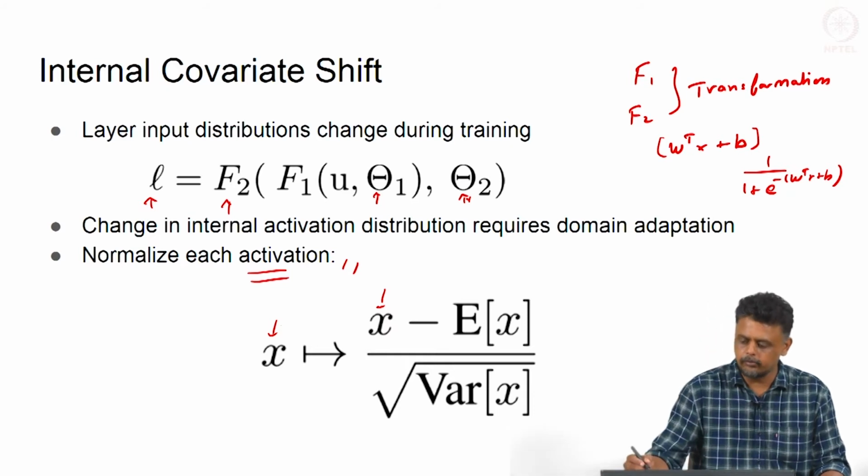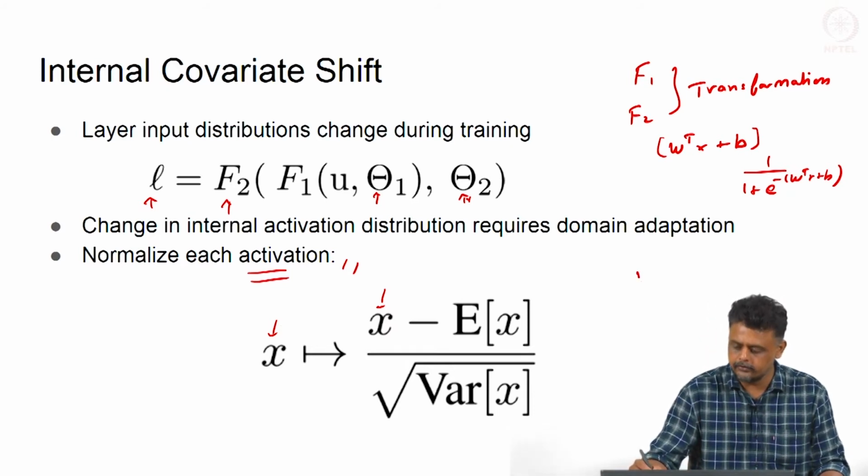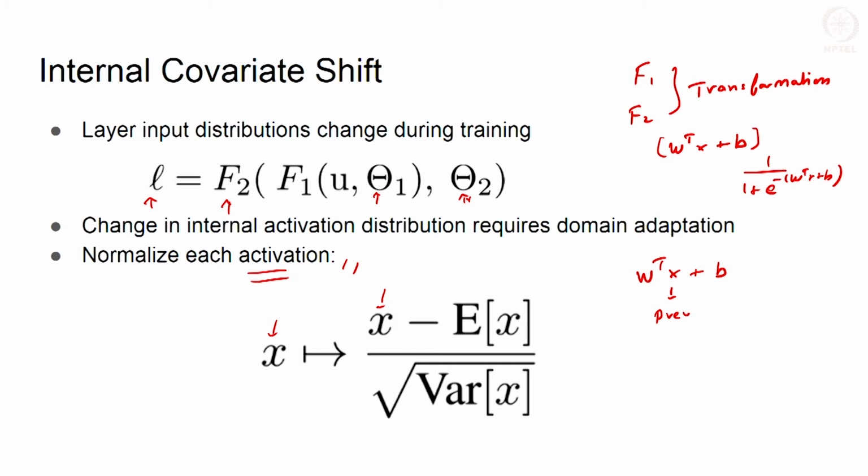That input is W transpose x plus b, where x is the output from the previous layer. If there are k neurons in a layer, there will be k such terms, or k inputs.